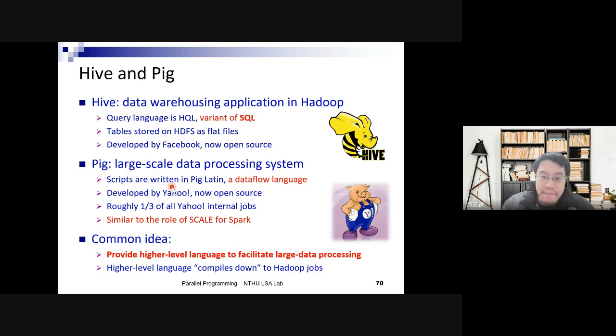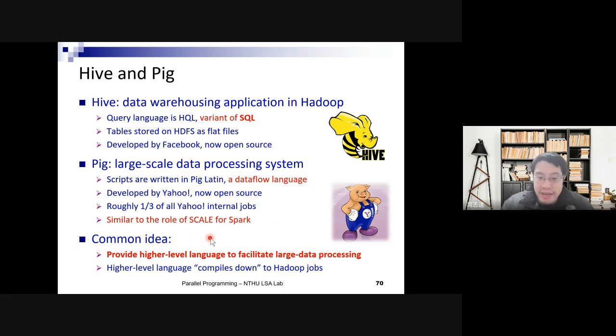Again, people would like to use those data flow languages instead of MapReduce programs, so we have this Pig project to support that. You can write this data flow language like you used to, but the program will actually be translated into a set of MapReduce jobs that perform the actual data processing work across a distributed system. Okay?